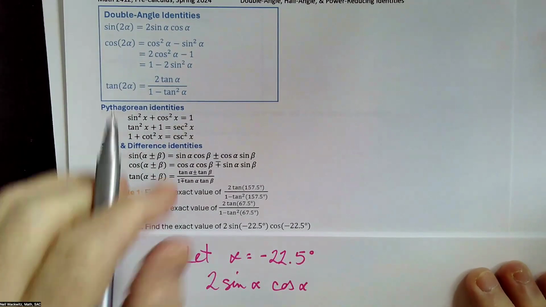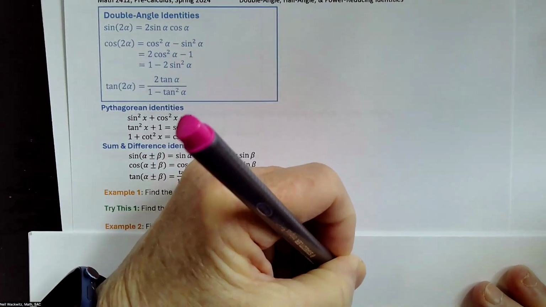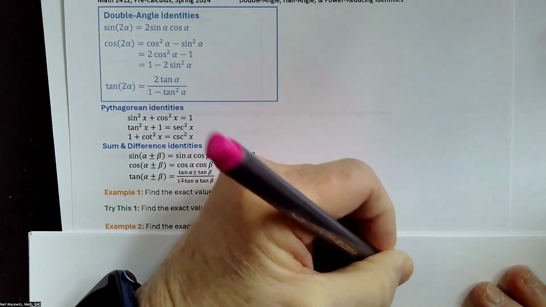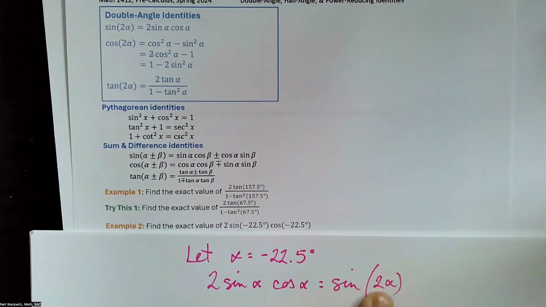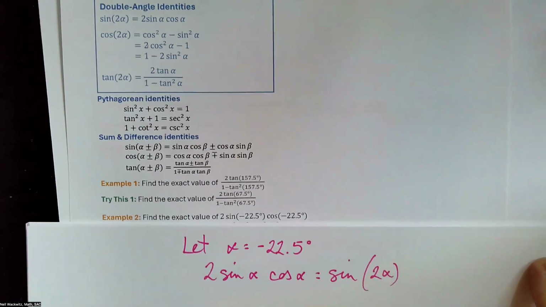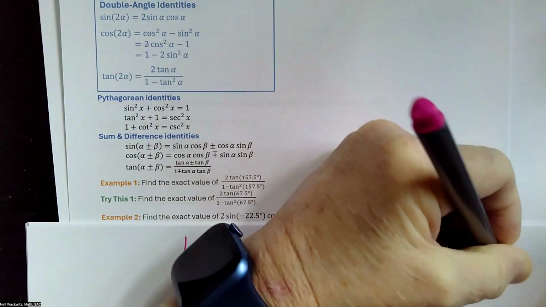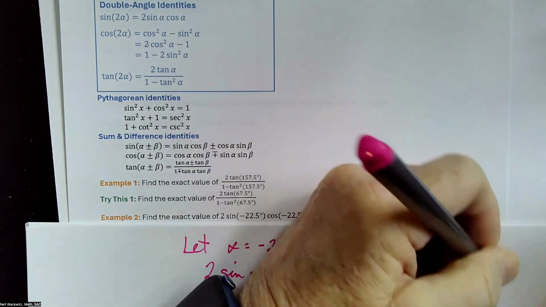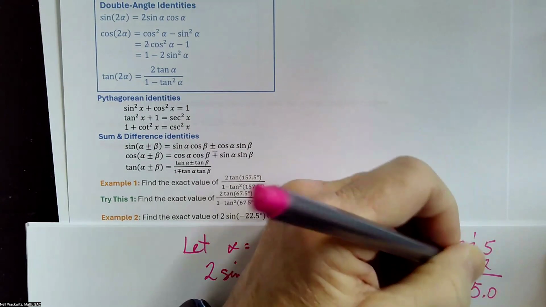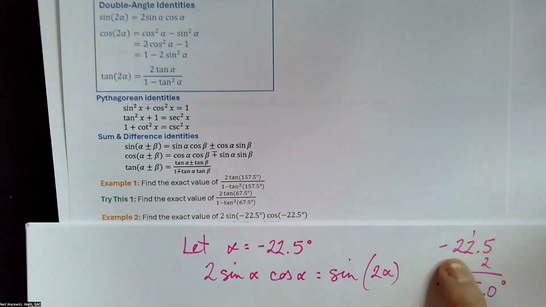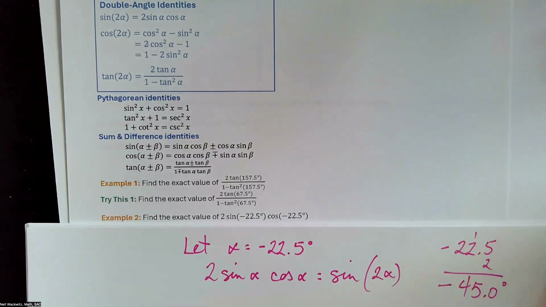Oh yeah, that's right. So the first one, sine 2 alpha, is exactly this pattern, 2 sine alpha cosine alpha. So we need to find 2 times 22.5. So twice 22.5 is 45, and we've got the negative.